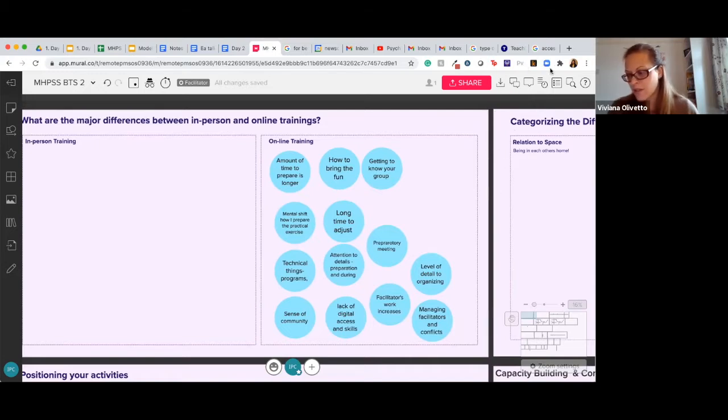It has already been mentioned: the technical side, digital access and technology. Like Anouk, I work mainly with the Africa region, and the Caribbean, and even just having people being able to keep the camera on, for example, because of the bandwidth, becomes an issue.